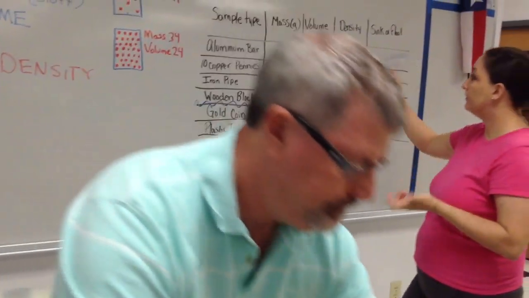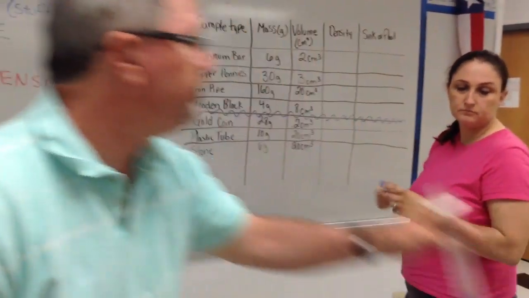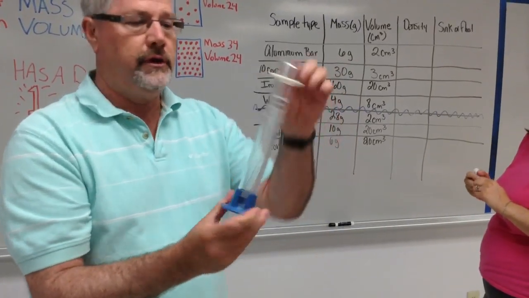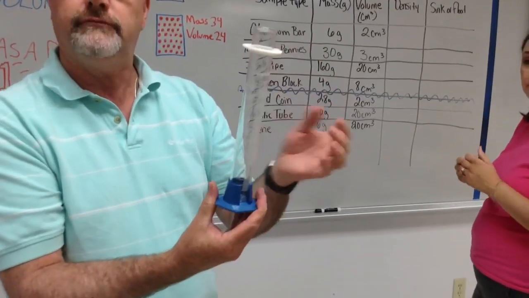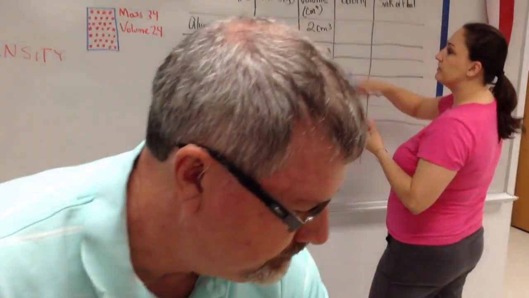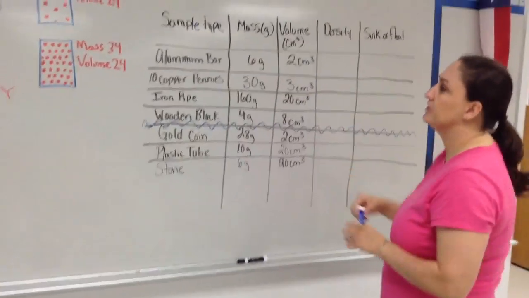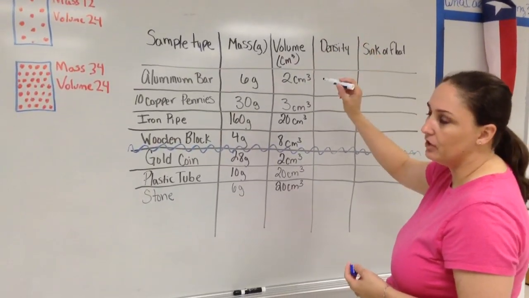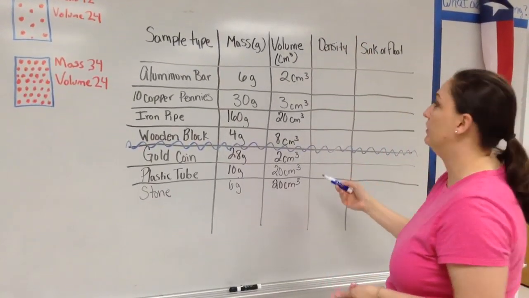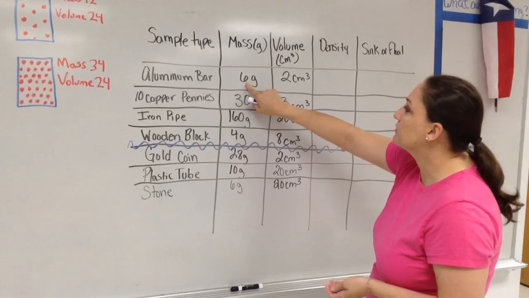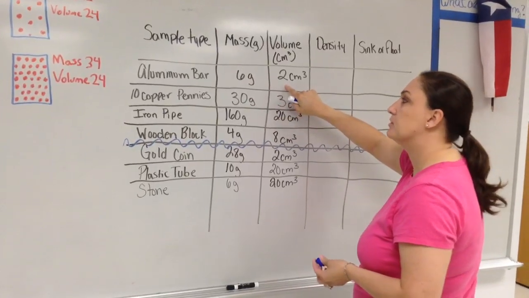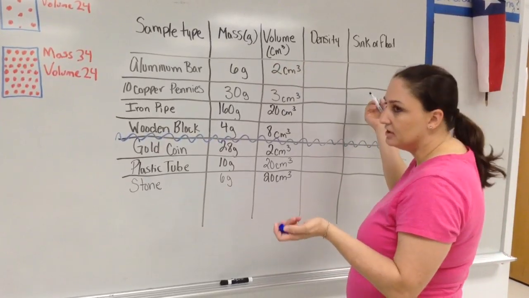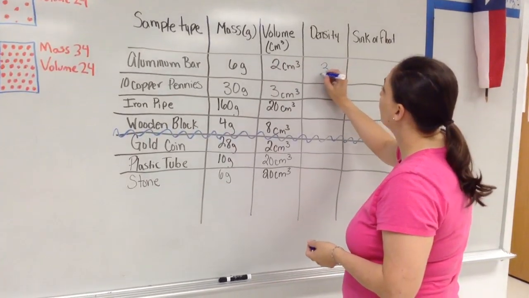And to get the volume, we would use a graduated cylinder, which shows measurements in volume. We've already done that for you, so all you have to do now is the division. Density is mass divided by volume. We've got 6 grams for the mass, and the volume is 2 centimeters cubed. Then 6 divided by 2 is 3.